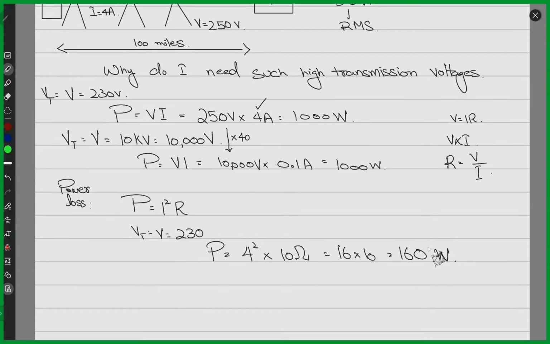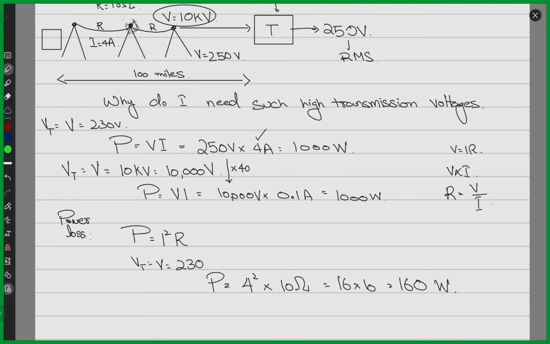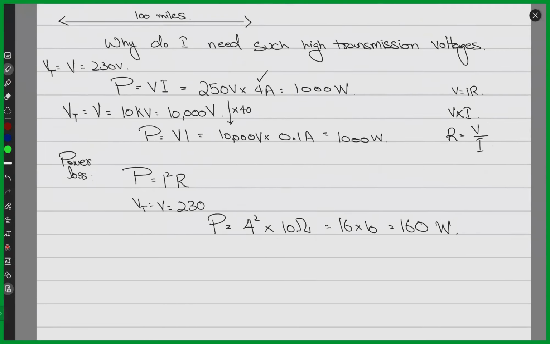And this might seem quite less, because we're sending 1,000 watts of power, and if only 160 of it is lost, then what's the big deal? But again, we chose the resistance of the wire to be 10 ohms, which is not a very big value for resistance. Usually it is a lot higher, and you'll get very big power losses. But we want to just see the comparison.